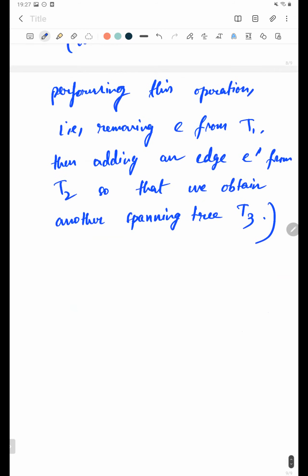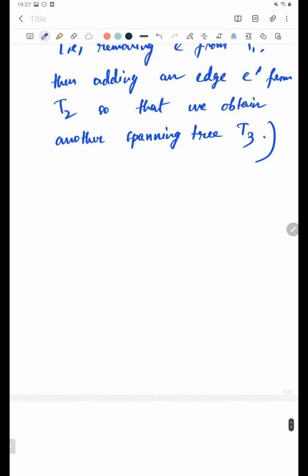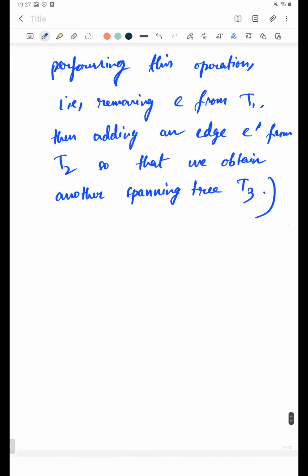We will keep on doing this, and ultimately we will obtain T2 from T1.